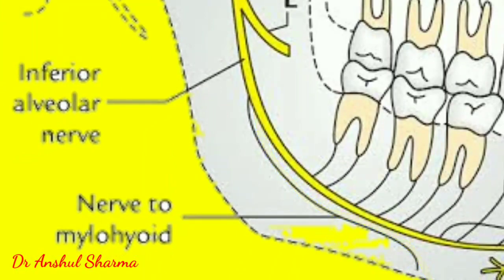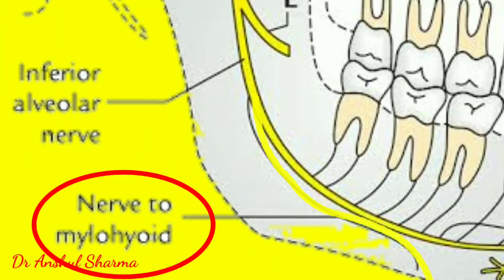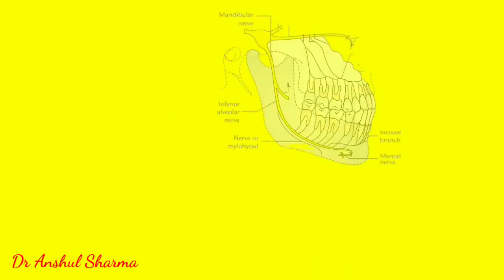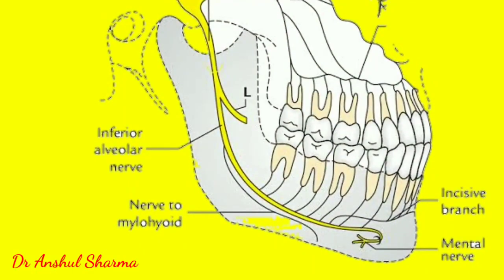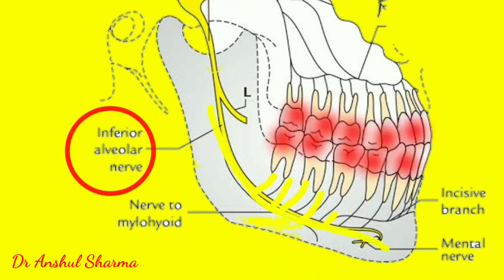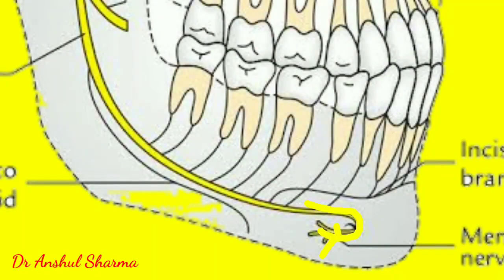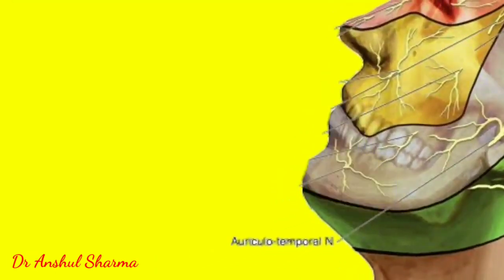After branching from its parent nerve, it gives rise to the mylohyoid nerve, which is a motor nerve to the mylohyoid and anterior digastric muscles. The remaining sensory axons enter the mandibular canal, a narrow tunnel running through the mandibular bone. Within the canal, the nerve provides branches to the mandibular teeth. The nerve emerges through the mental foramen as the mental nerve. This mental nerve provides sensory innervation to the lower lip and the chin.